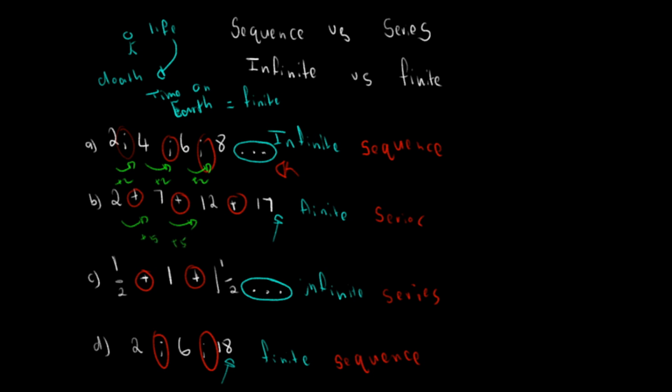Then we have an infinite finite series. Same thing for plus half. So again, it would be an arithmetic infinite series. And then here we have a multiplication of 3. So we have a geometric finite sequence.